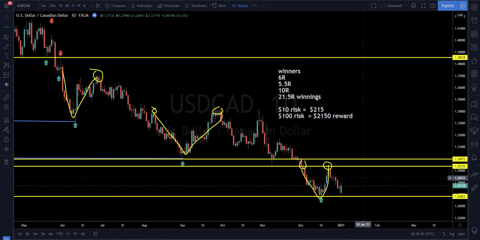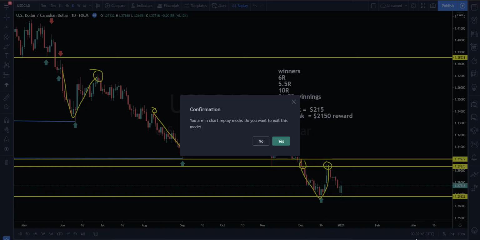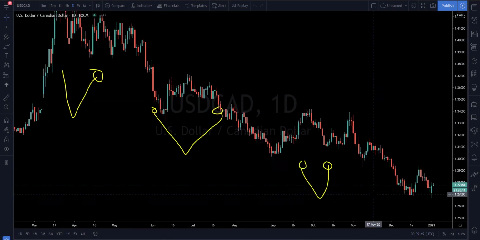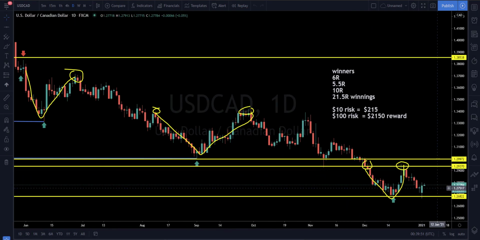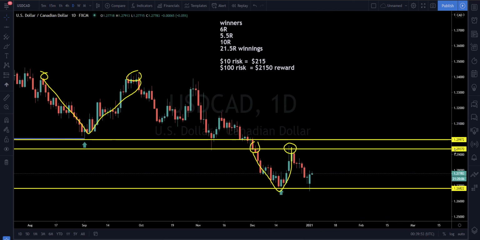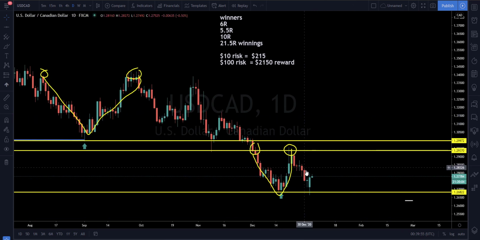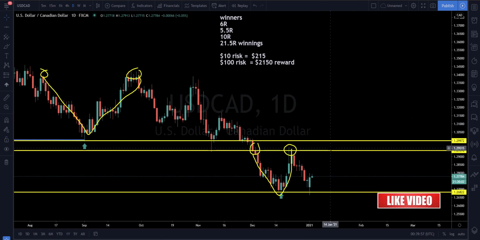So we had 3 successful trades, and this brings us to the 4th of January, which was yesterday. Let's see what the market did today. Yeah, that's where we are today. So in an ideal case scenario, we will wait for another pullback up to these levels and then continue selling it.